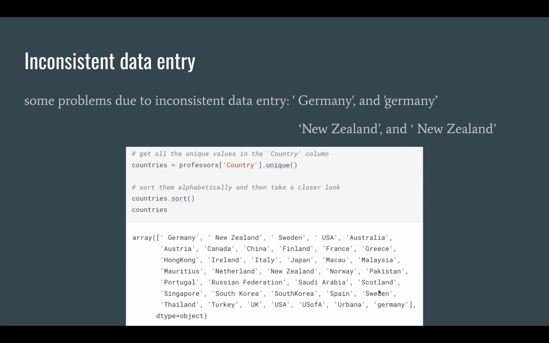We can also find New Zealand with a space in the beginning, and another New Zealand here that doesn't have a space before New.